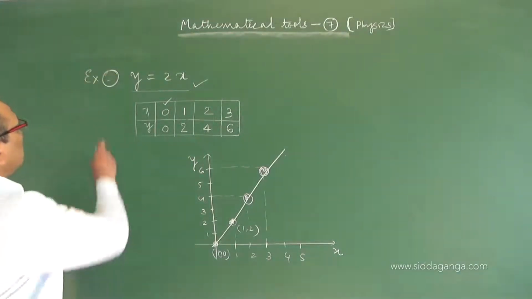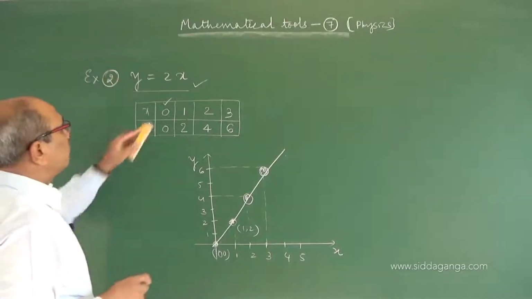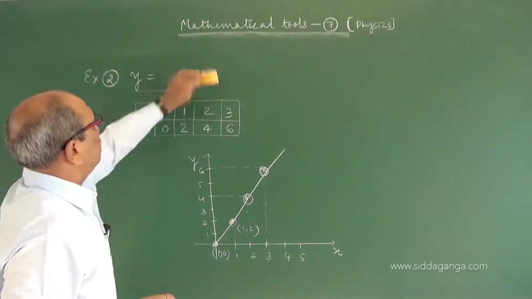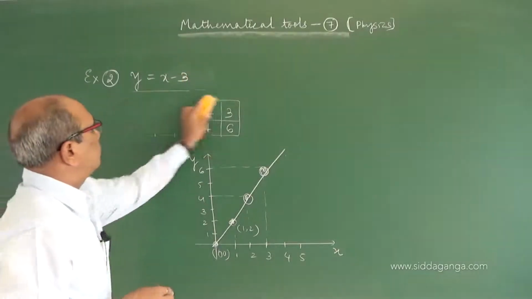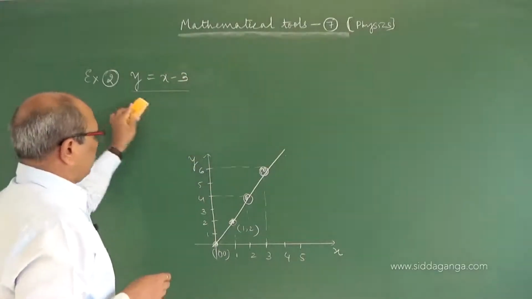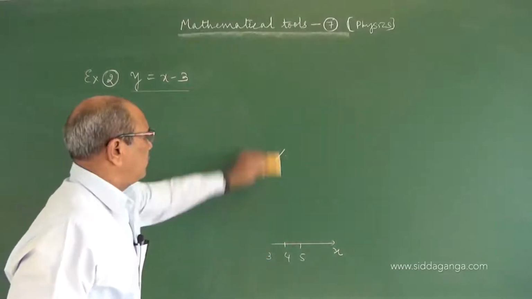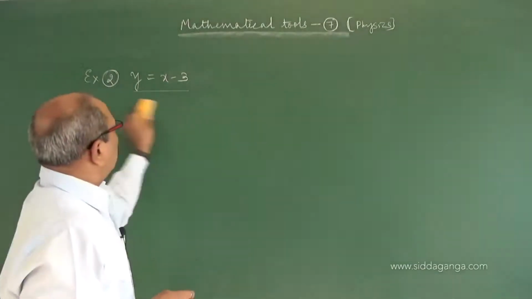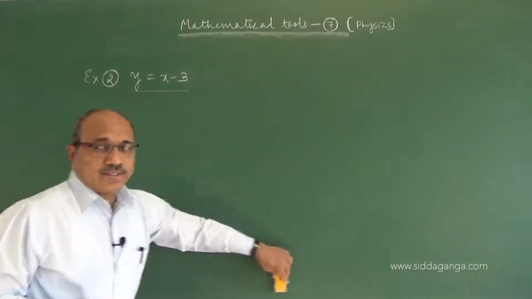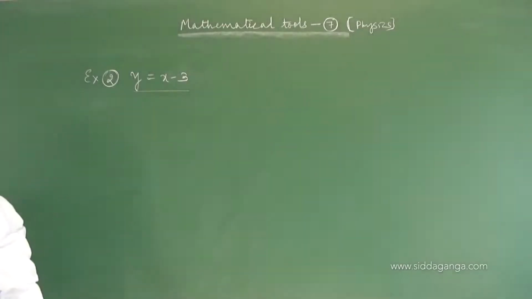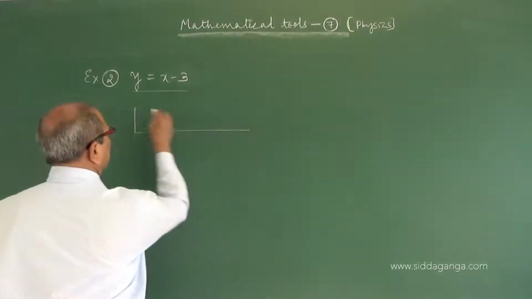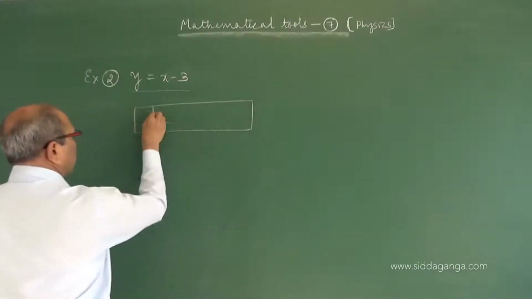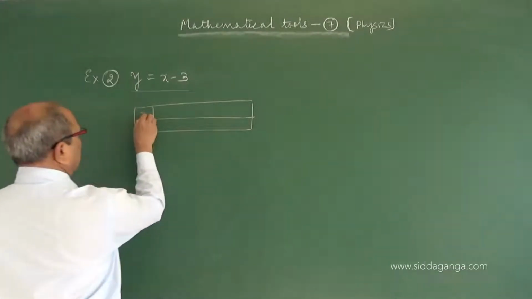So come to example 2: y equals x minus 3, which is again a linear curve. Like that, imagine the points x and y.